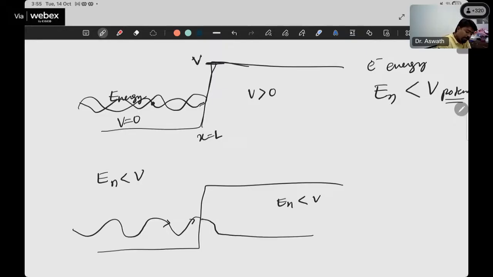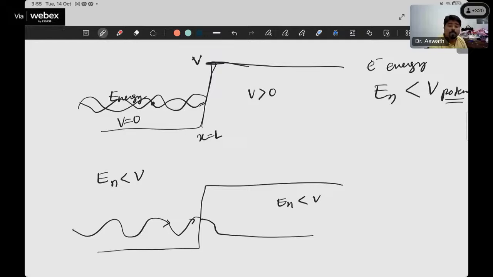What is basically happening is that the electron wave is present inside a potential energy which is much larger than its existing energy. Even though the electron doesn't have the energy to cross over to the other side, its wave nature is still going to exist on the other side. Let's say there is a wall. When you speak, our sound travels and penetrates the wall.